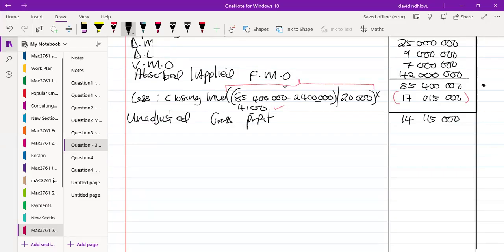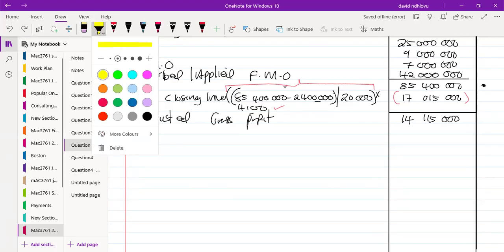Right, what we then do, we need to now check whether there was an over application of the overhead or not. What are we talking about? This overhead here that we included there, it is based on estimate figures. So it's an estimate figure that we have.